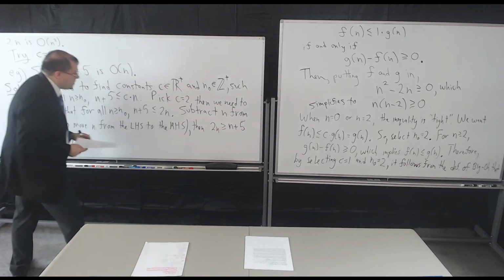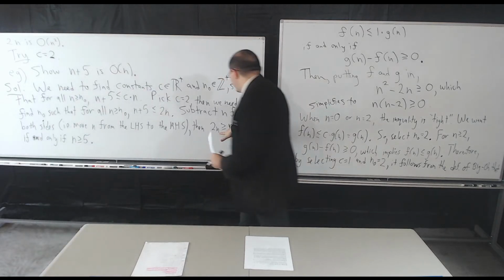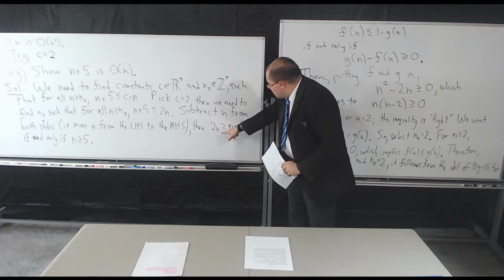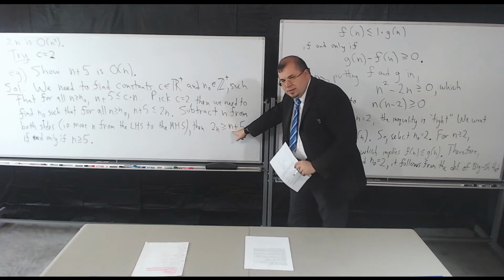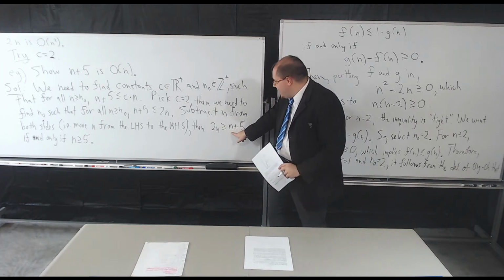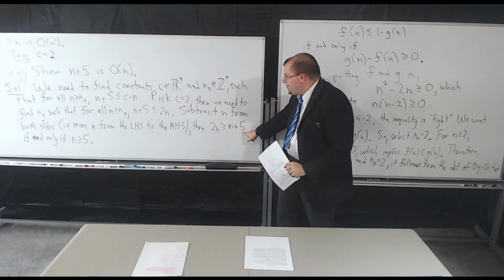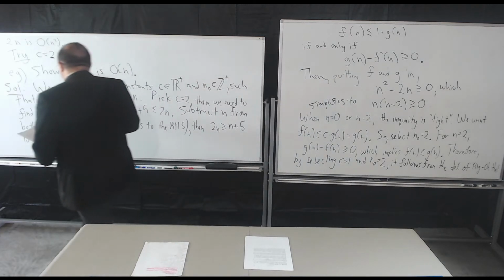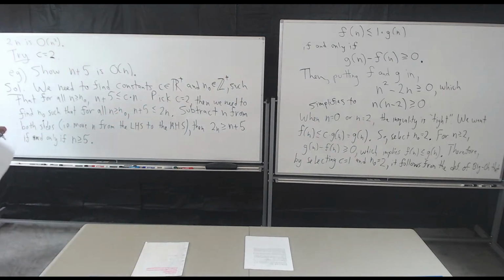Notice all I did was take this expression and subtract n from both sides, and look what happens. n is gone from this side, and all I end up with is n is greater or equal to 5. Remember, this is just a valid algebraic operation, so if this is true, then that one has to be true. So what should n0 be?